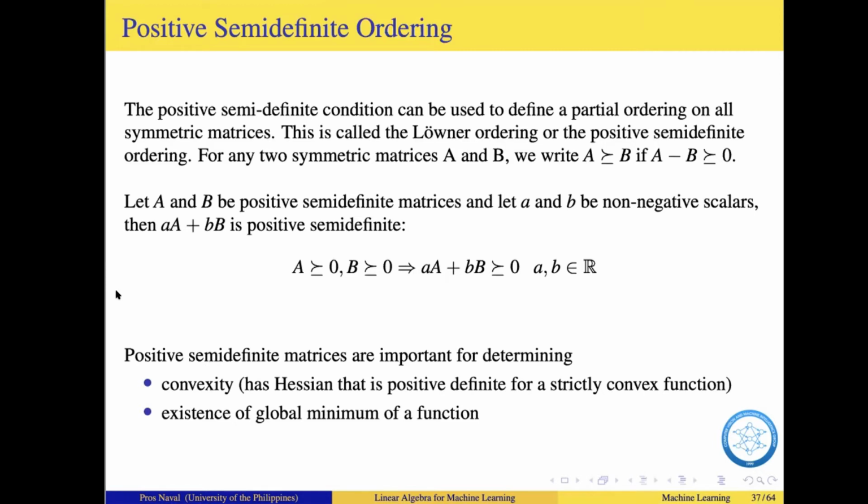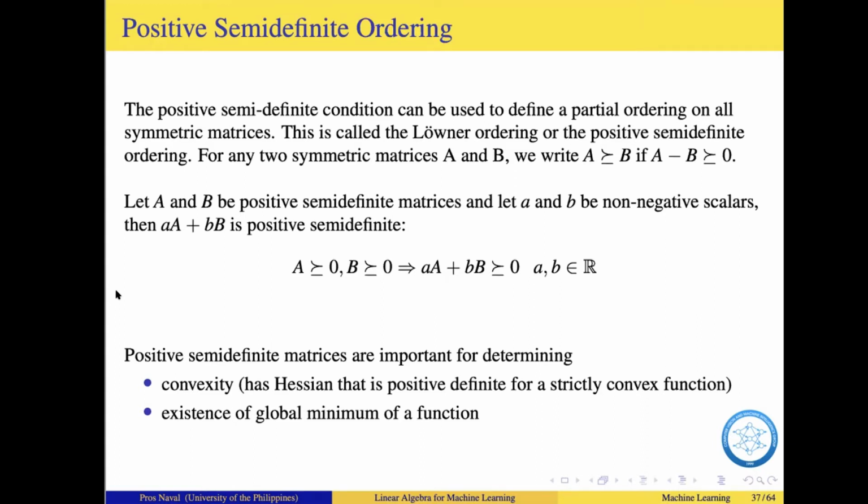Now, why is this important? What's the big deal about positive semi-definite matrices? Positive semi-definite matrices are important for determining convexity. Later on, when we discuss optimization, we will have to look at the convexity of functions, and convexity is related to the Hessian being positive definite for a strictly convex function.